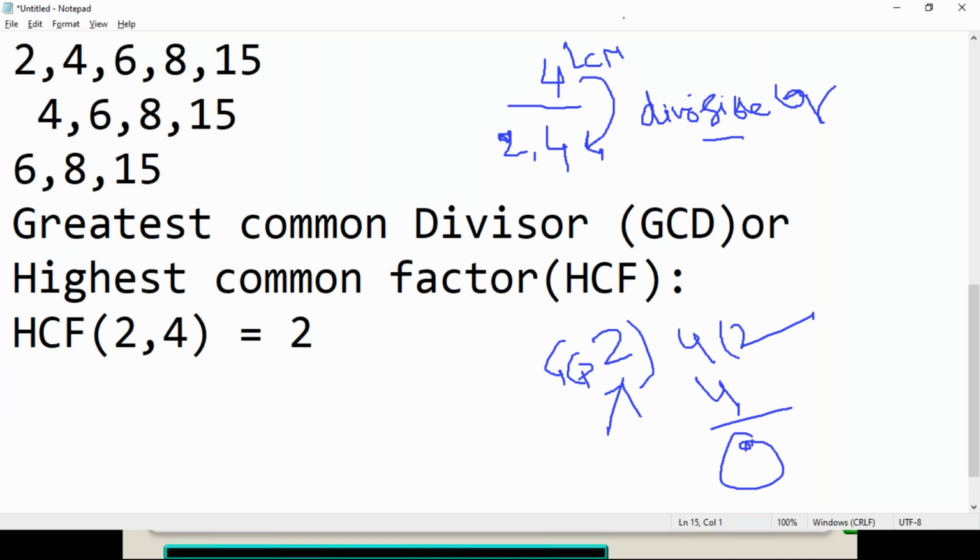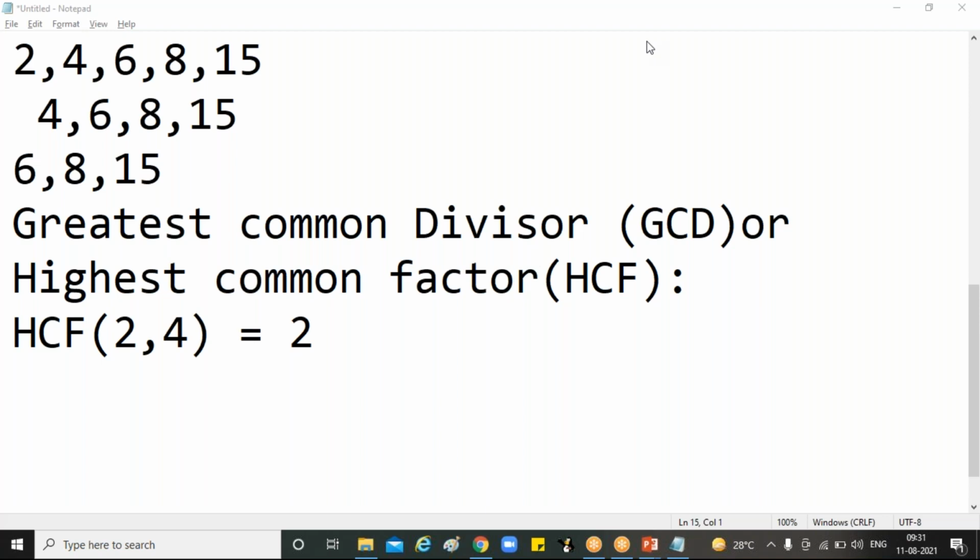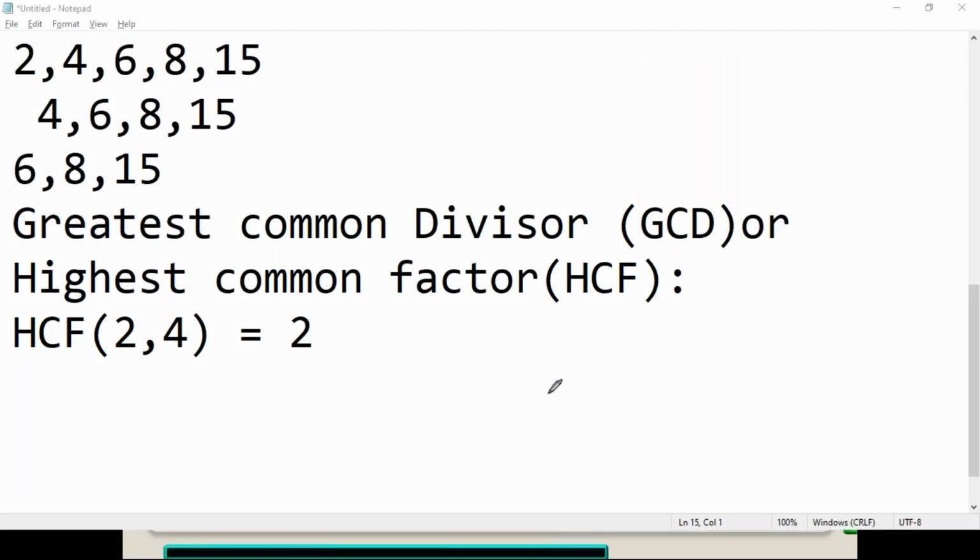From that, what did you understand? Here, 2 is the GCD. 2 always divides 2, 4. 2 always divides, not divisible by. Because the denominator always divides the numerator.